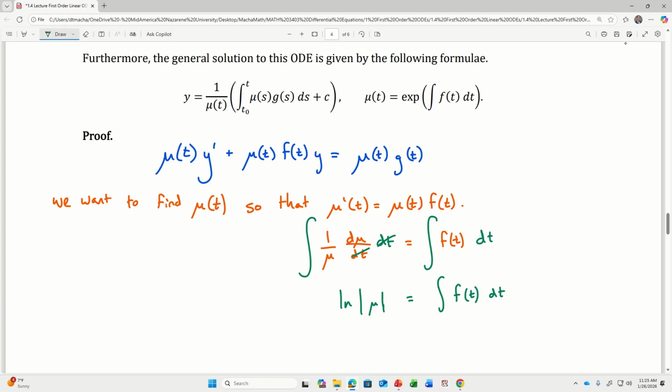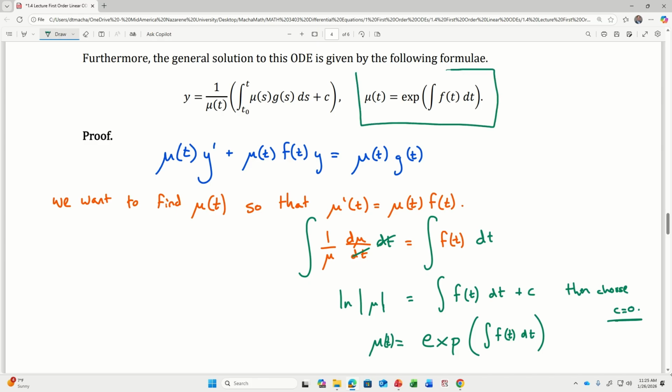And then the next thing is, well, what if I write this as the exponential of this antiderivative of f of t dt? And I can't have a plus c and then just set it to 0, because c can be whatever we want. This was a made-up function, the mu function, the integrating factor. So it doesn't have to be anything in particular. We just set c equal to 0, make it easier. That's how you end up going from this to this, right?